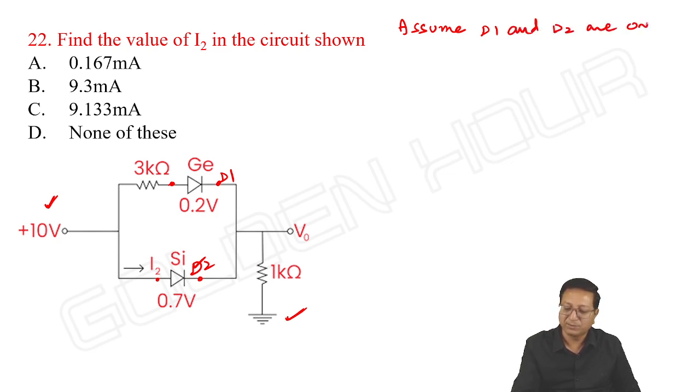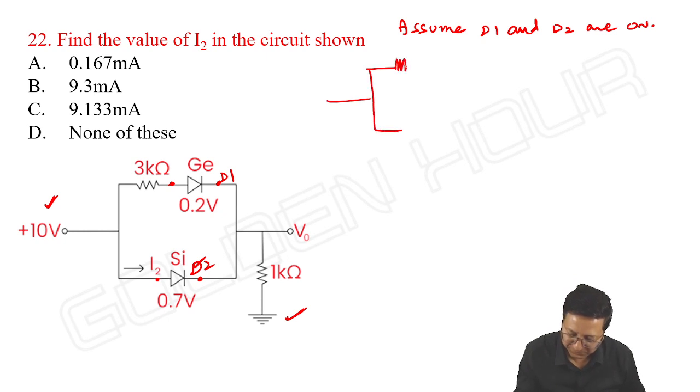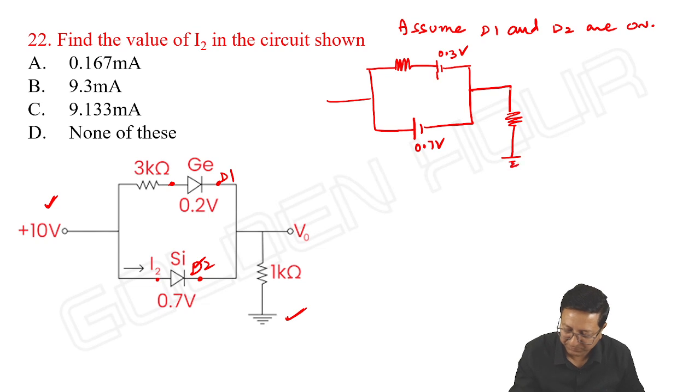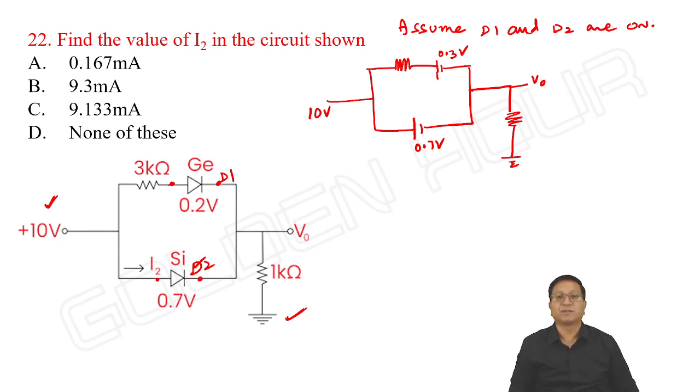Both are conducting. If so, what is the equivalent circuit? The voltage across the germanium diode we can write as a voltage source of 0.2 volts, and the voltage across the silicon diode is 0.7 volts, plus 10 volts. This is the circuit.